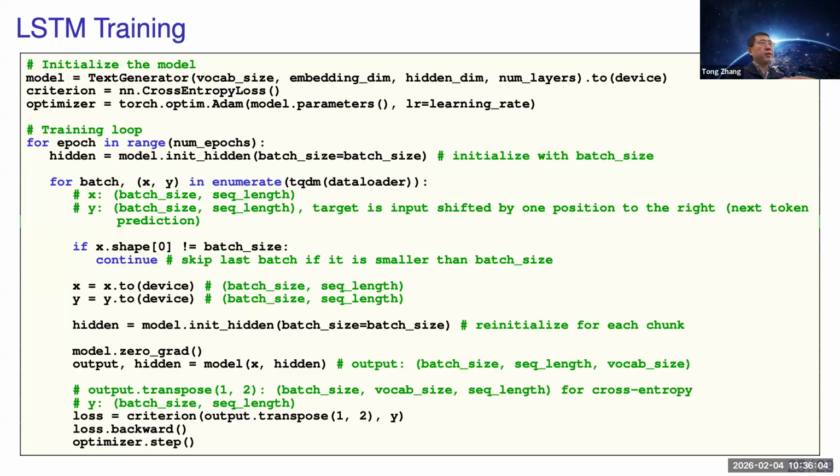Because you are doing next token prediction. You always stack them together shifted by one. Y is always one token ahead in the future, and X is always the previous one, right? So you're getting a batch of sequences, truncated at a certain length.